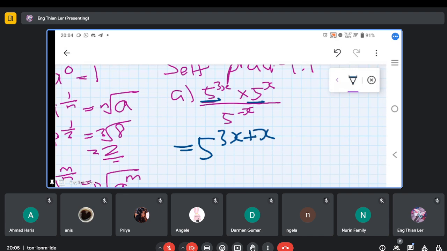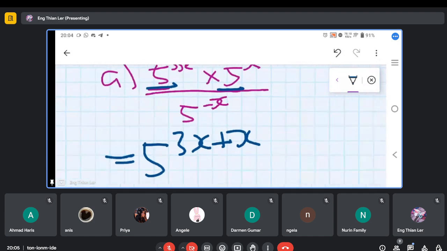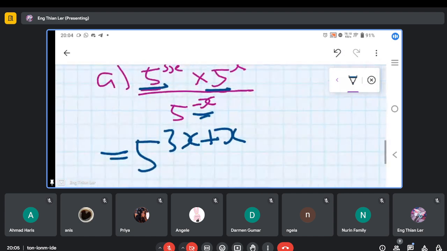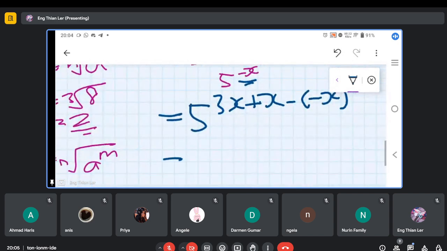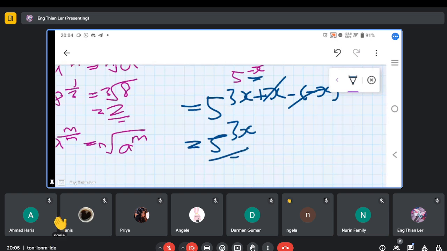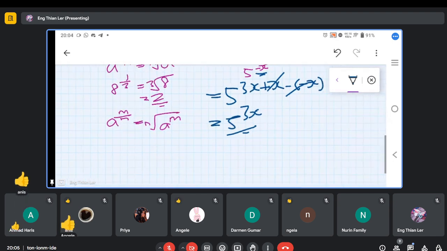And then what do we do again when we divide? When we divide, we minus, right? But this is minus, so we need to minus negative x. So this is equal to 5 to the power of 3x, and then this cancels. So this just becomes 5 to the power of 3x. And just like that, nothing else. So this is the answer.